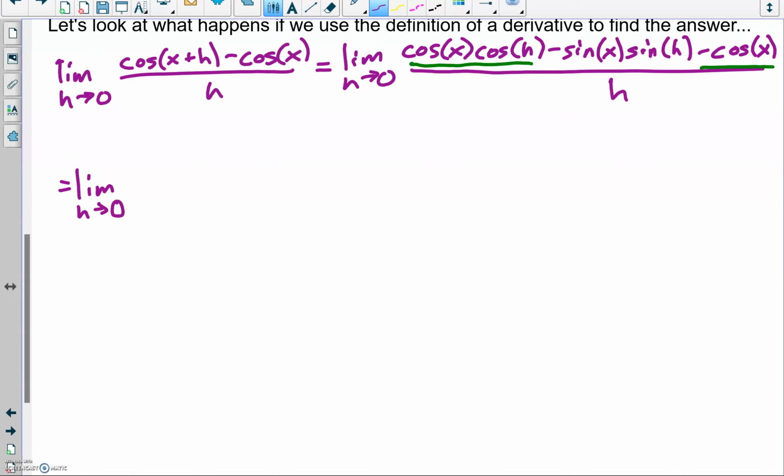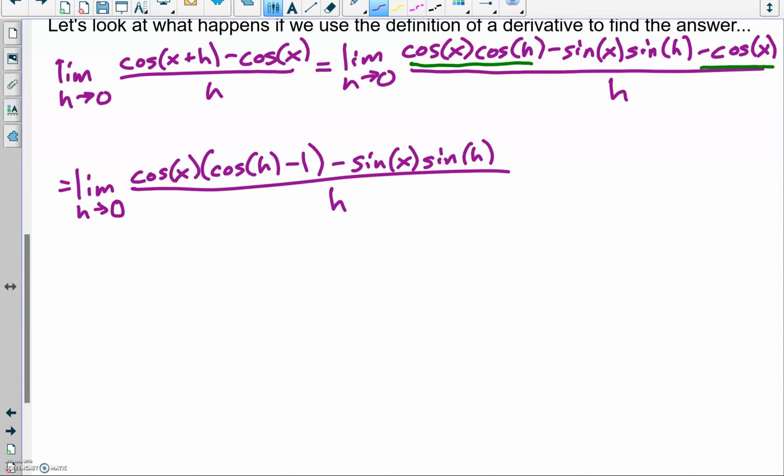Let's fill this in. So you've got the limit as h goes to 0 here. We'll factor out that cosine of x, and then we'll have the cosine of h minus 1, and then minus the sine of x, sine of h, all over h. And from here, I'm going to split things up in a similar way to what I did before.